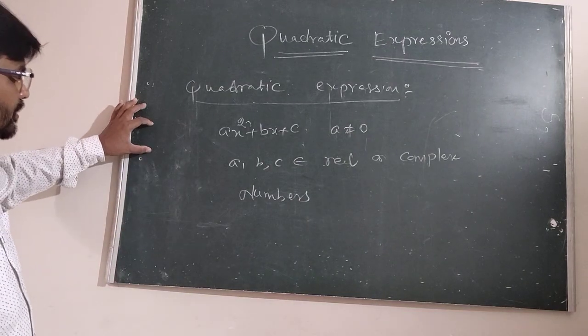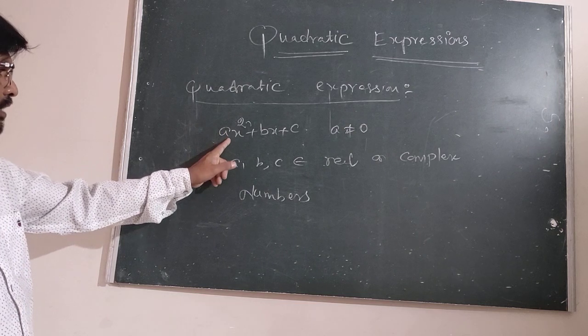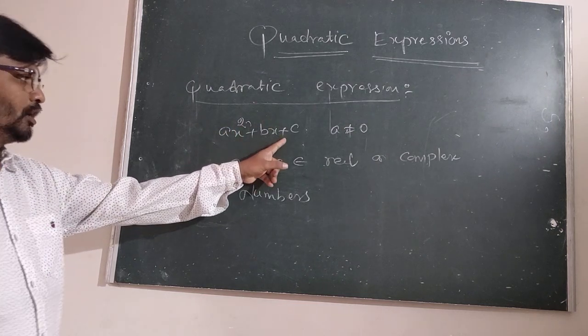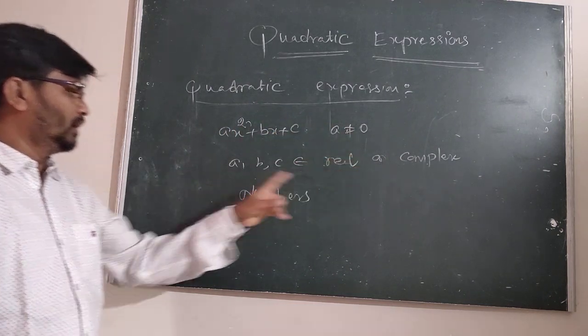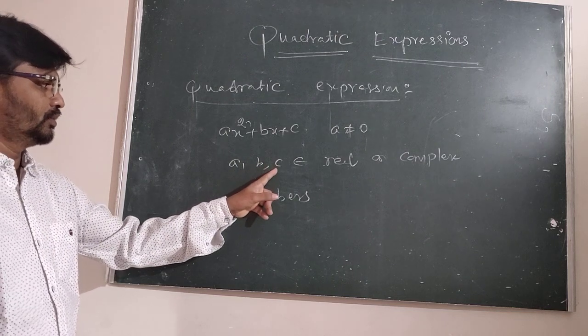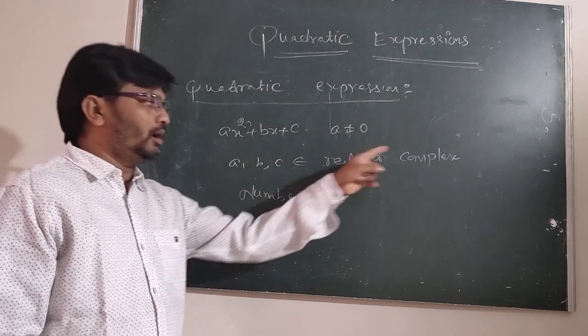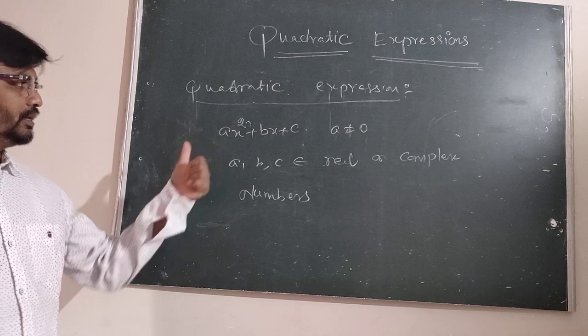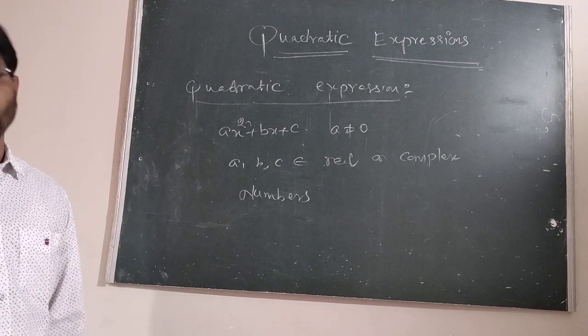If an expression is in the form of ax square plus bx plus c, where a not equal to 0 and a, b, c belong to real or complex numbers, then the expression is called a quadratic expression.